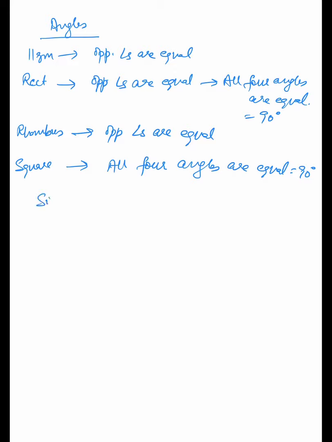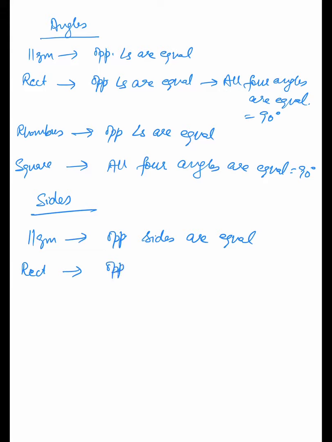Similarly, if I talk about the sides, then in a parallelogram we say opposite sides are equal. What about in a rectangle? In a rectangle we again say opposite sides are equal. What about in a rhombus?